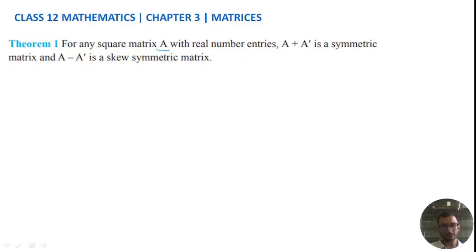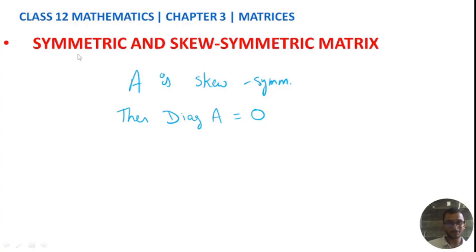For any square matrix A with real number entries, A plus A dash is a symmetric matrix and A minus A dash is a skew symmetric matrix. I think I forgot one thing to tell you: you can talk about symmetric and skew symmetric only if the matrix is a square matrix, right?